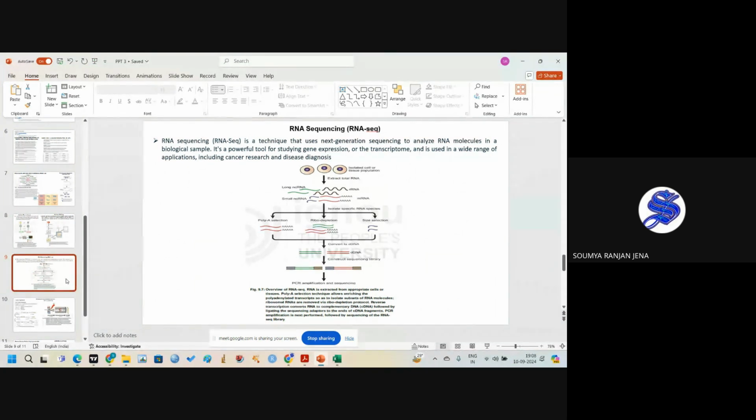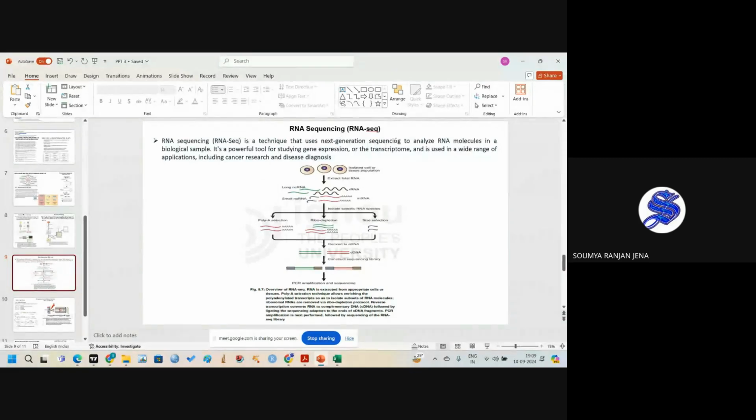Then the next one is the RNA sequencing method. RNA-seq is a technique that uses next generation sequencing to analyze RNA molecules in a biological sample, any sample, tissue or cell. It's a powerful tool for studying gene expression or the transcriptome. Transcriptome means all the RNA, that is long non-coding RNA, rRNA, small nuclear RNA or mRNA.